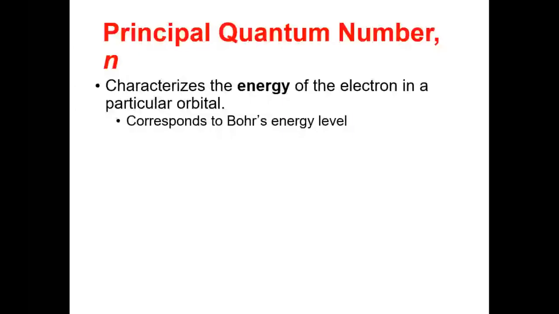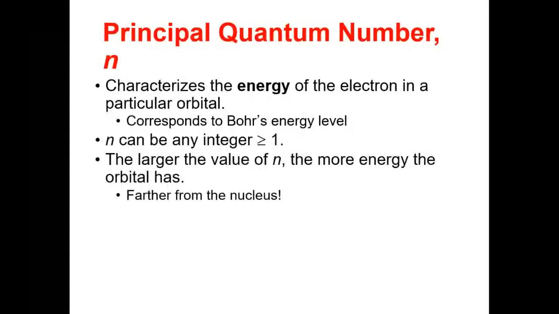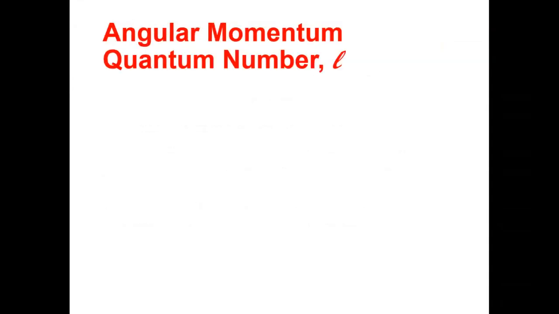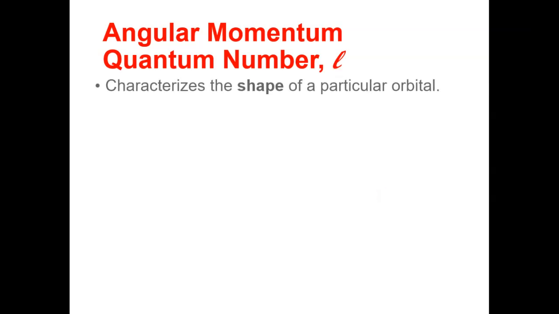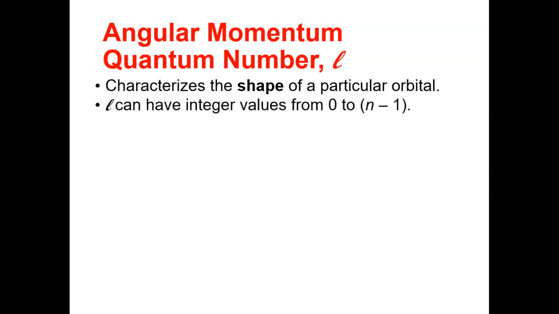So there's an energy level where it can be found, and then there is this angular momentum quantum number, which is symbolized with a cursive lowercase l. And as I said, it's going to give us the shape of the orbital that we're talking about.